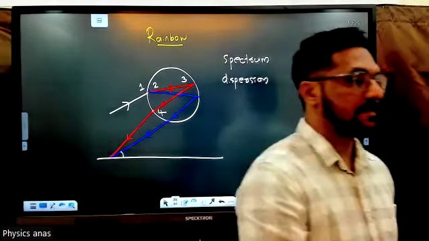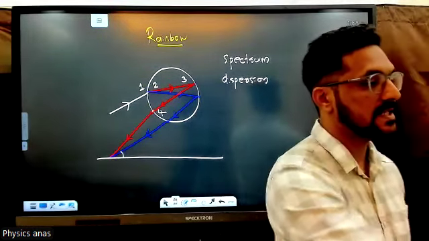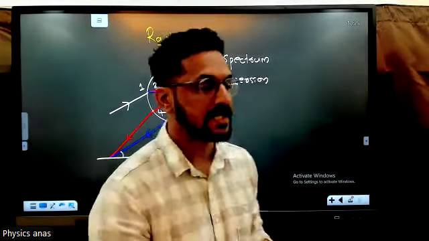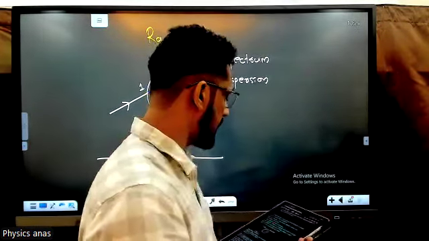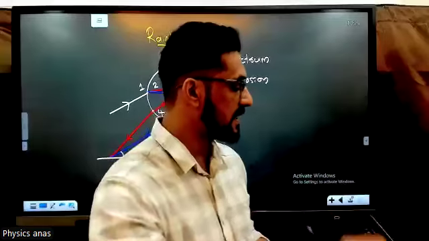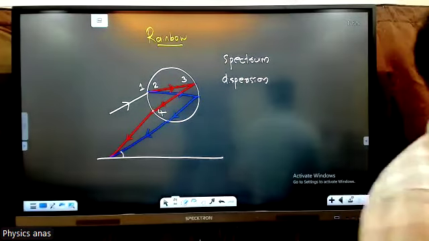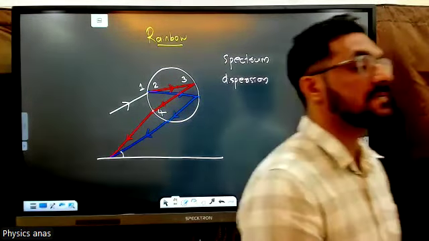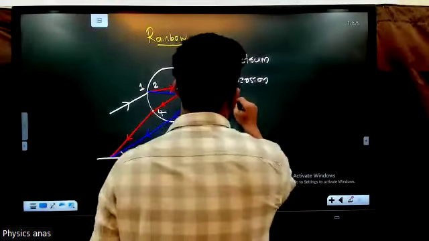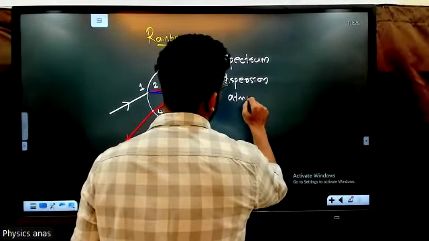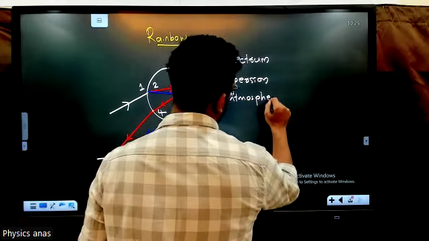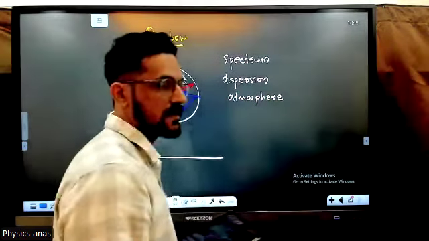Dispersion of sunlight. If you have space, just write sunlight. A natural spectrum produced by the dispersion of sunlight by raindrops in the atmosphere.